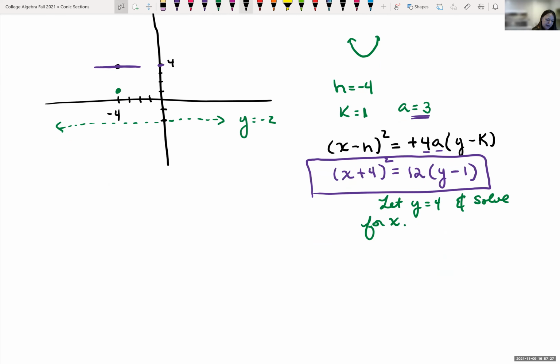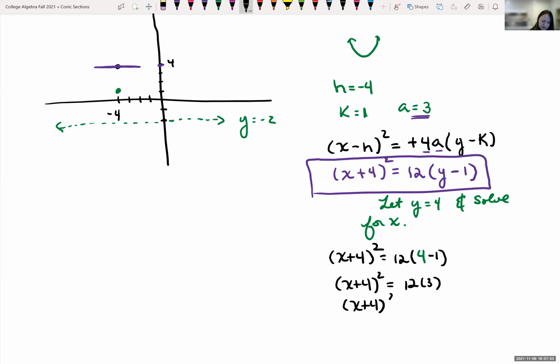So if we do that, we have x plus 4, quantity squared, equals 12 all times y, which we're letting be 4, minus 1. So we have x plus 4, quantity squared, equals 12 times 3, since 4 minus 1 is 3. So x plus 4, quantity squared, equals 36.